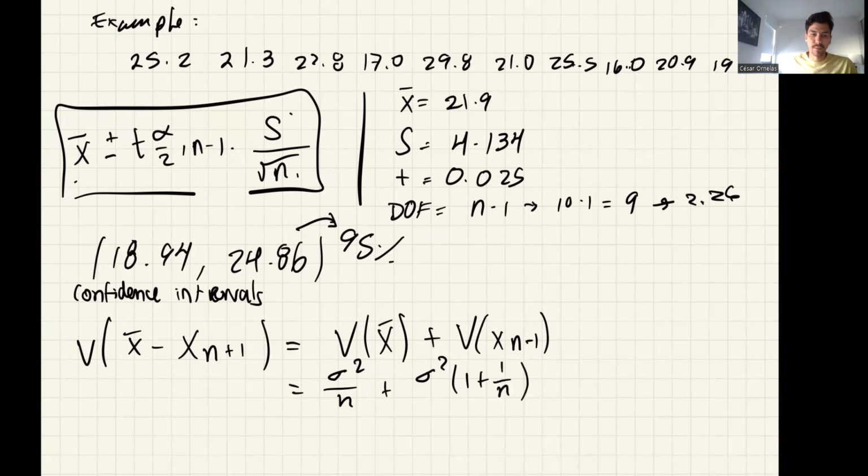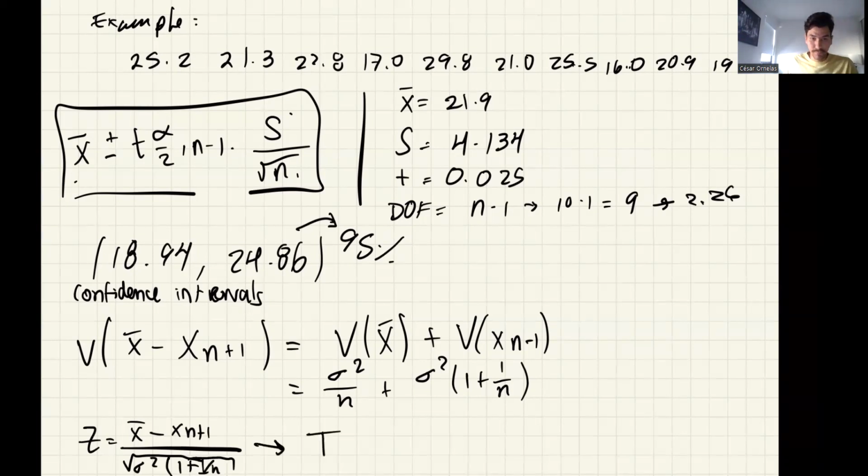If we solve this, this confidence interval is going to be equal to the mean minus x n plus 1, divided by the square root of the standard deviation squared, 1 plus 1 over n, all inside of the square root.